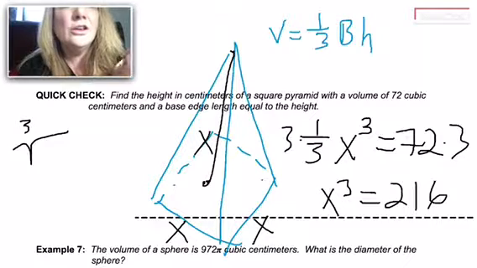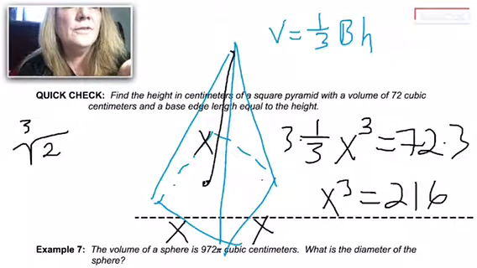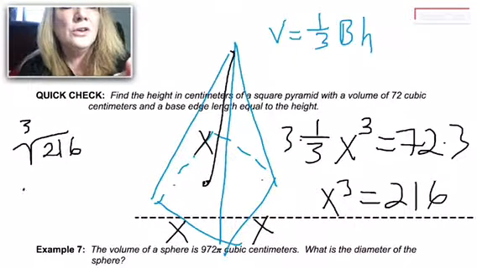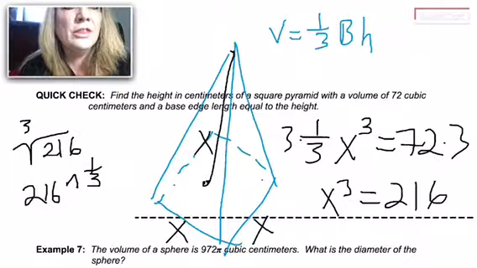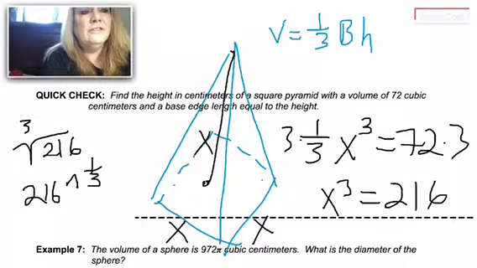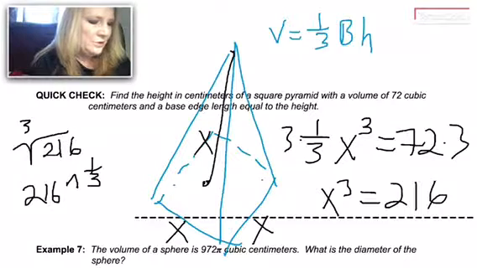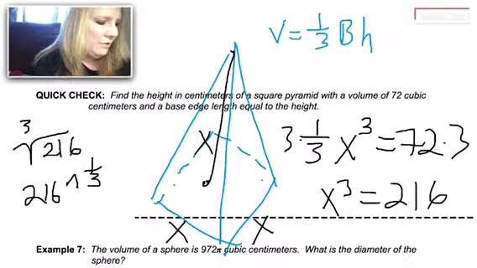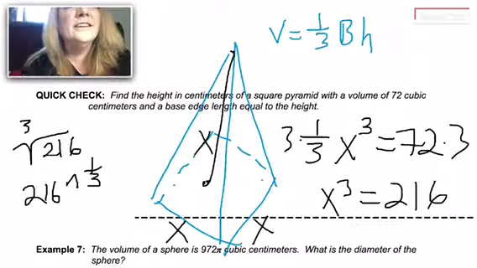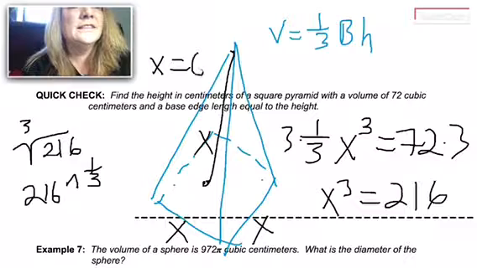You can say the cube root of 216, or you can take 216 and raise it to the power of 1/3, which is the inverse of whatever power it is. So if I put 216 and raise that to the power of 1 divided by 3, I get 6. And so x is 6.